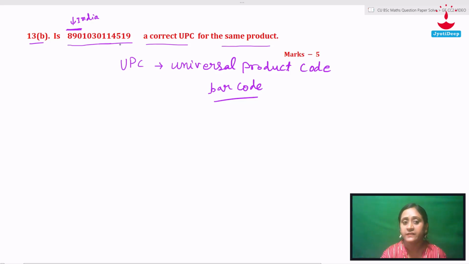For this, we have to check whether it is a correct UPC or not. There is a method. We have counted it is a 13-digit number, so we have to take alternately 1 3 up to 13.